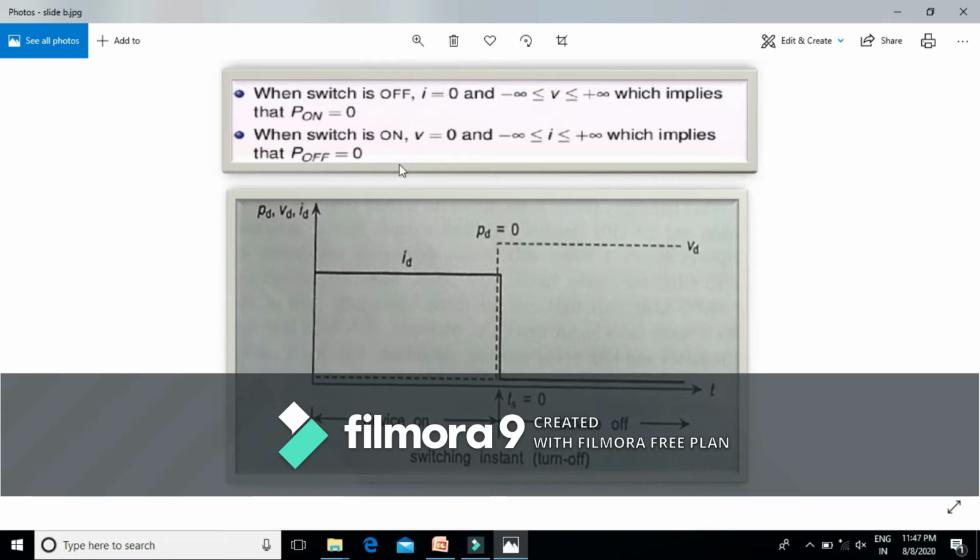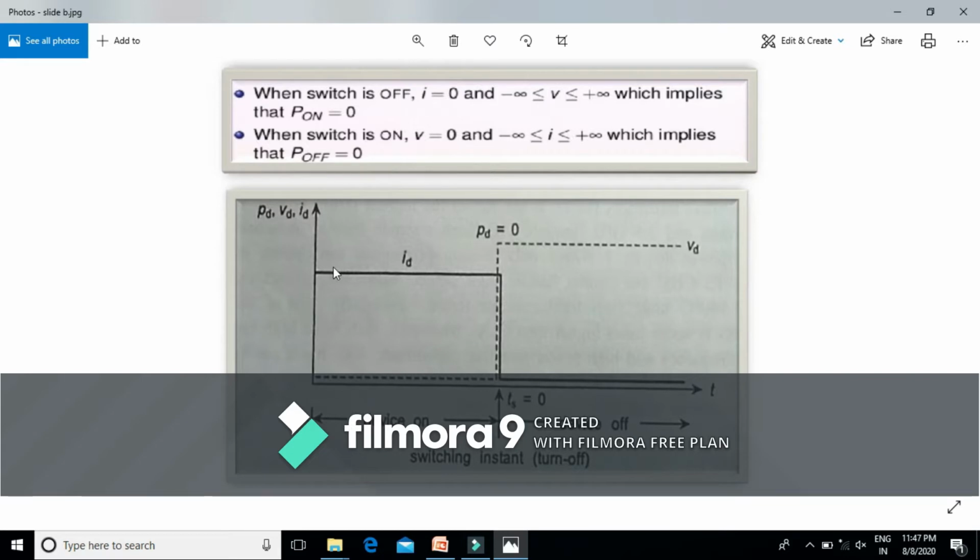Now let us explain the graph of ideal switch. If the switch is initially turned on, then there will be some amount of current which is represented by ID, and the voltage across the switch will be 0. When the switch is turned off, this ID reduces to 0 instantly.